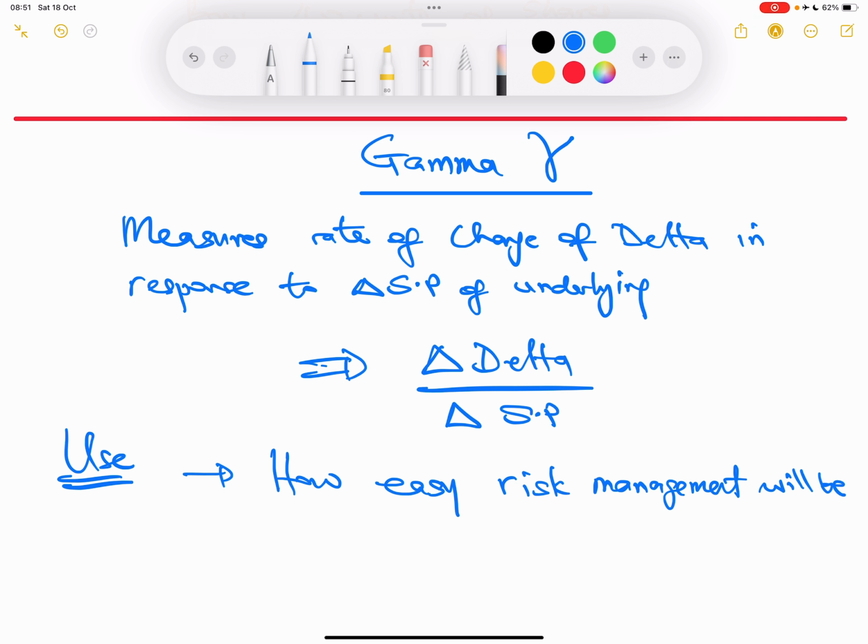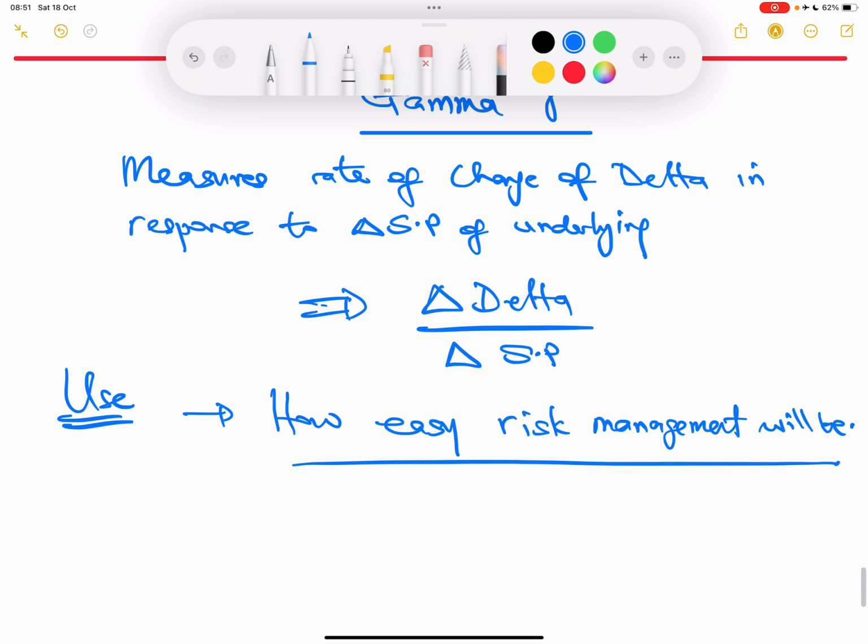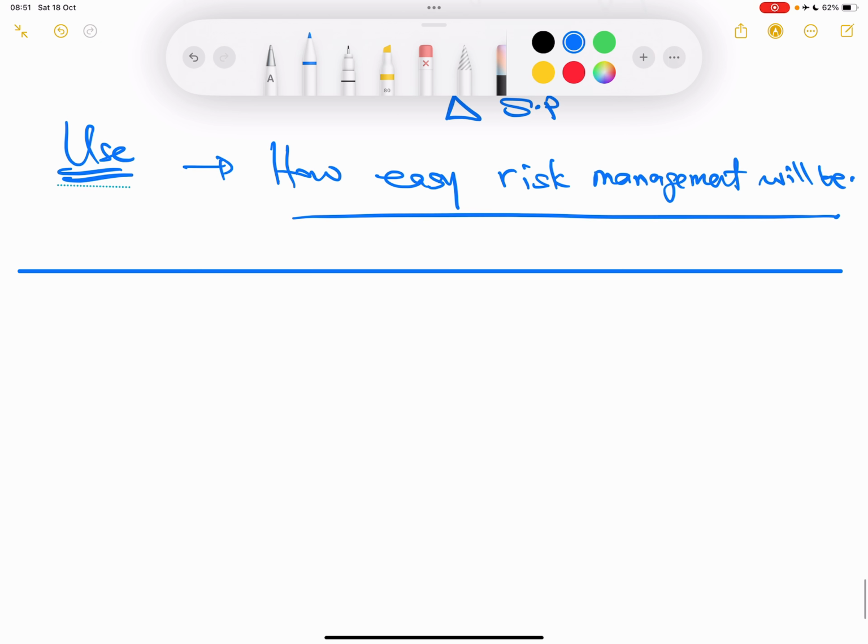Because if gamma is high, then you need to rebalance your portfolio many times, because for a very little change in price of the underlying, delta is changing, and once delta is changing, you need to keep reconstructing your portfolio. So that's why gamma is important. It helps you to see how easy your portfolio will be, how practicable it will be.